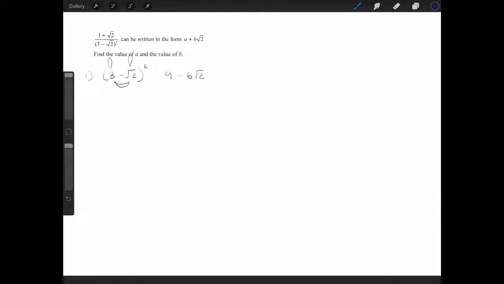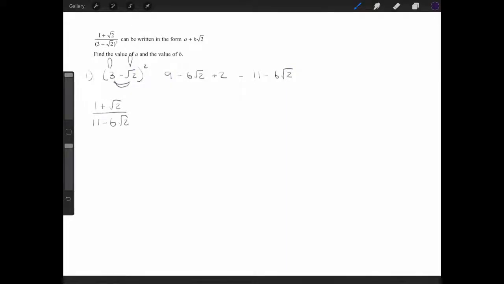And then negative root 2 times negative root 2 is positive 2, okay? So my denominator is going to look like that. I can simplify it, which will give me 11 minus 6 root 2. So I've got that now. So I can rewrite my fraction as 1 plus root 2 over 11 minus 6 root 2.